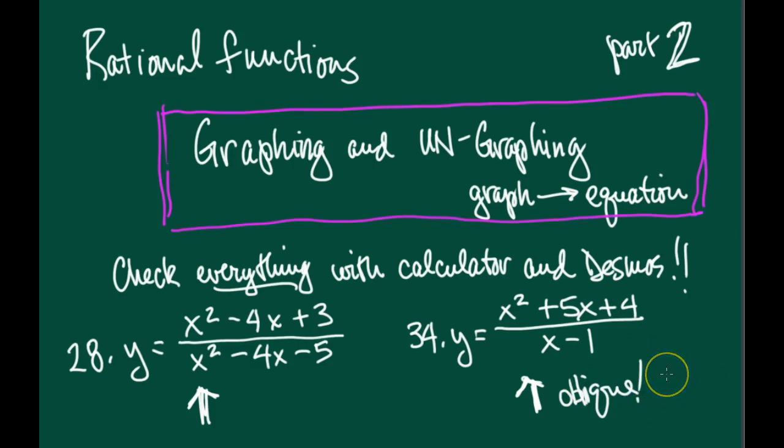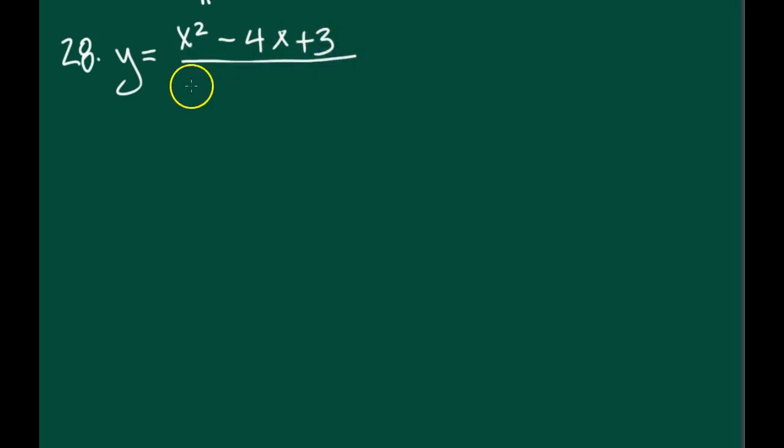Okay, let's start with number 28. We want to graph y is equal to x squared minus 4x plus 3 over x squared minus 4x minus 5.